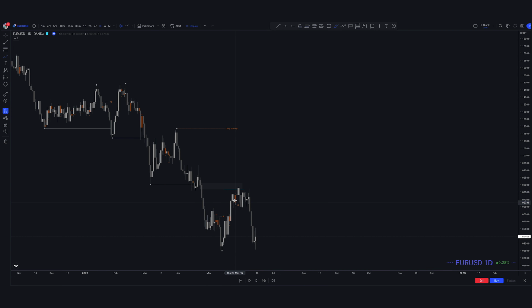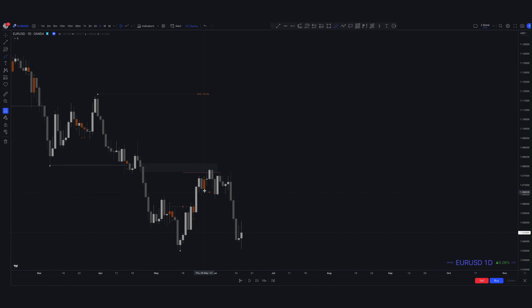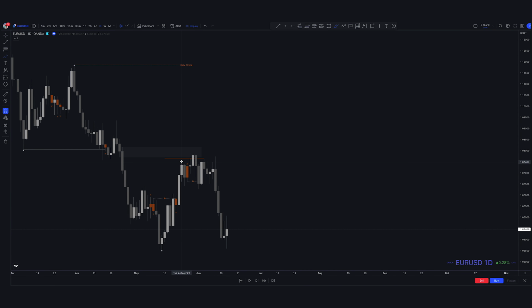Remember what I said in the beginning? Even here on the daily, just by looking at this, the fractal on the daily would be a larger movement on the 4 hour. But I don't even need to go to the 4 hour right now. Just by looking at the daily, it's easier to see because there are fewer candles.